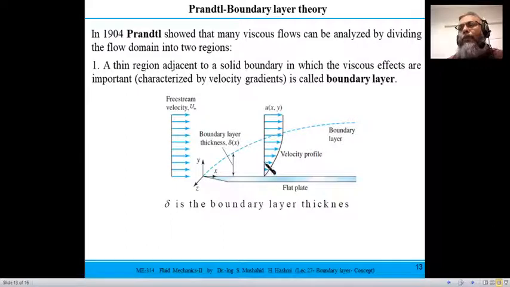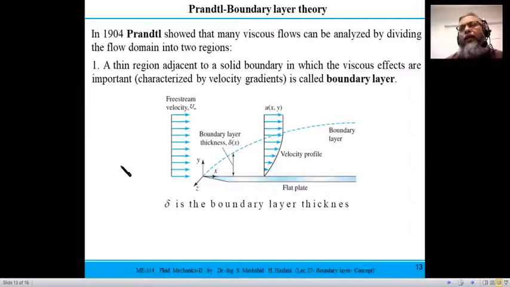But as you go up in the y direction, the layers have different velocities, and velocity changes take place, and in that region velocity would be some function of x and y, so it would be a two-dimensional flow. And x is the length along the flat plate, and delta is called the boundary layer thickness. So at different x, you have different boundary layer thickness. When you move here, you have a different boundary layer thickness. So this is the concept of growth of the boundary layer thickness.